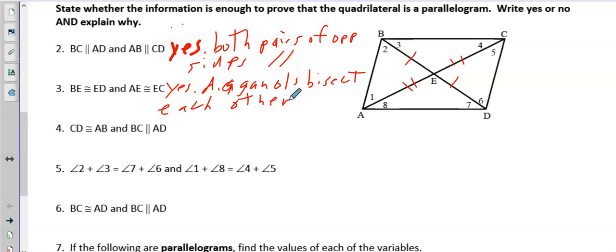Next, we have CD is congruent to AB, and BC is parallel to AD. I just realized on number 2, I drew the lines congruent, but I didn't mark them with a triangle. Sorry about that.